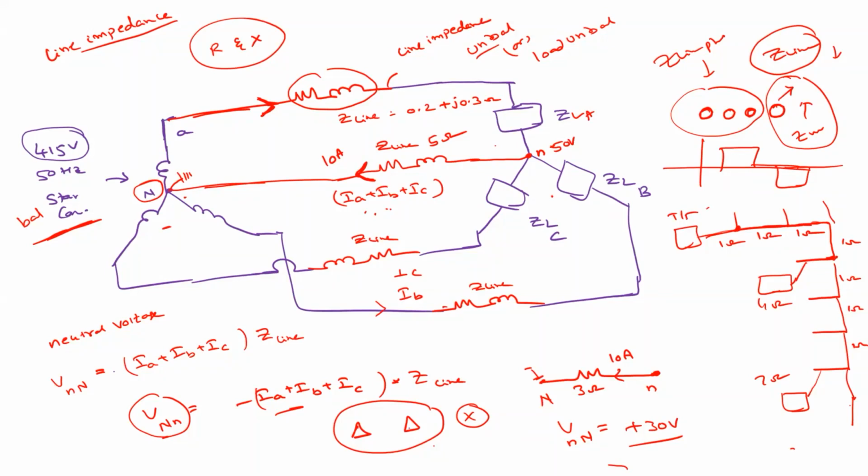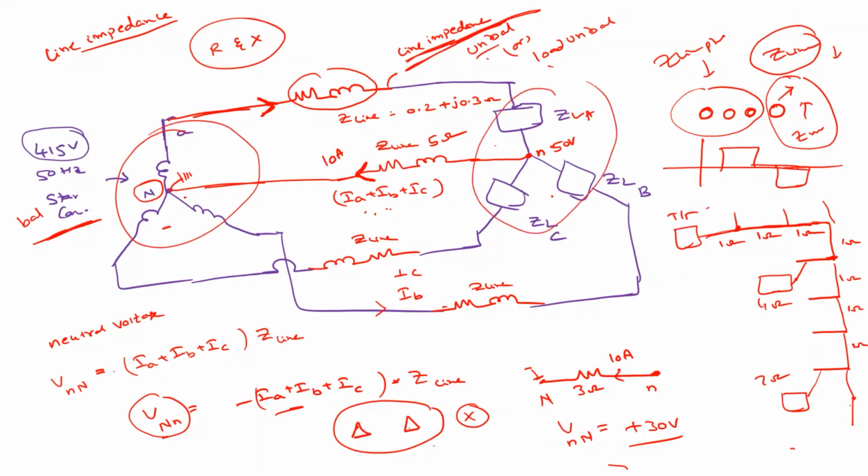Maybe there are two ways for the presence of this neutral. I'm showing that this is line impedance. So this unbalance will occur maybe for two reasons, maybe because of unbalance in the source or unbalance in the load, or both.